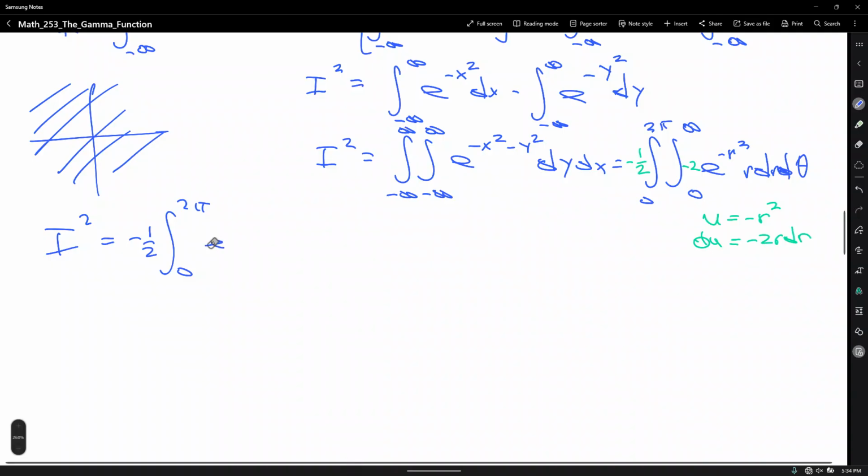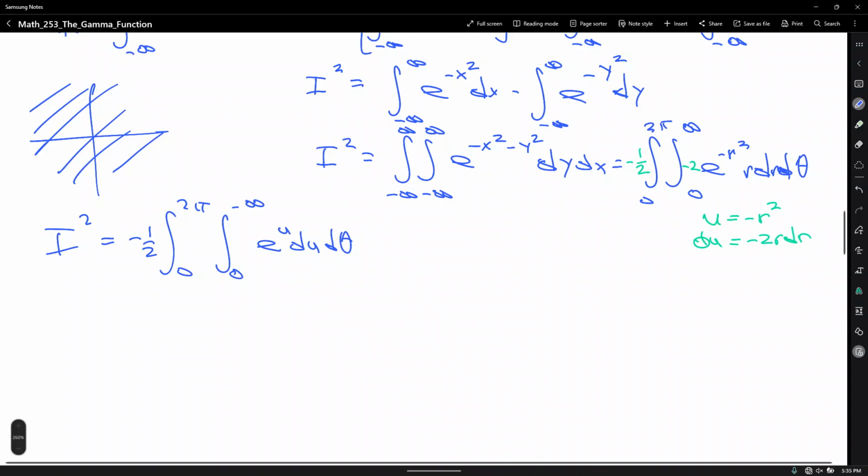This is the integral of e to the u du d theta. The limits of integration, be careful. The lower limit at 0, 0 squared times negative 1, that's still 0. But what about infinity? Infinity squared is still infinity, times negative, it's going to go to negative infinity. This looks weird, right?